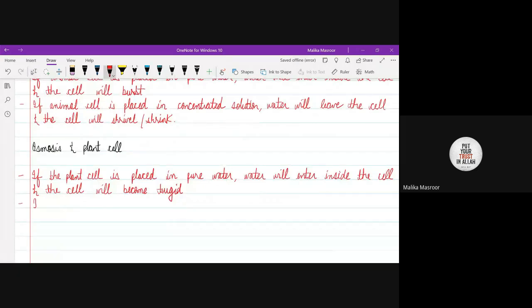Turgor pressure helps the plant to stay upright. It's the normal condition to stay upright.